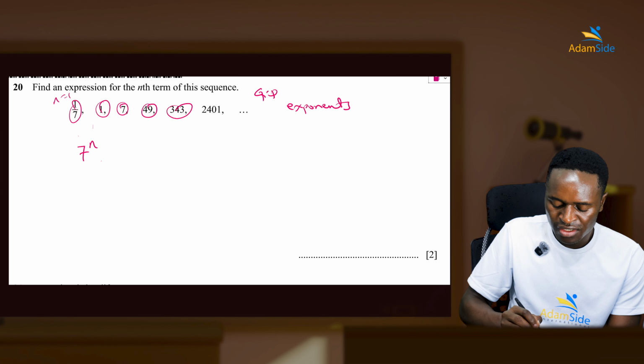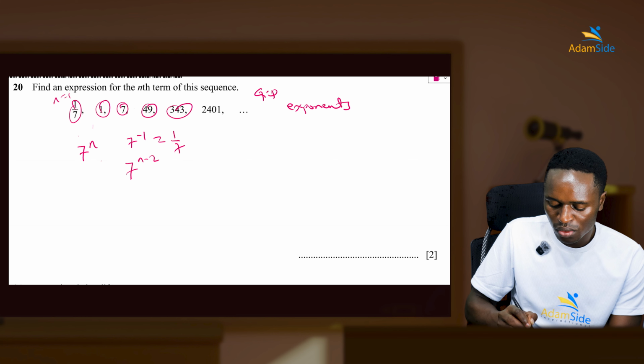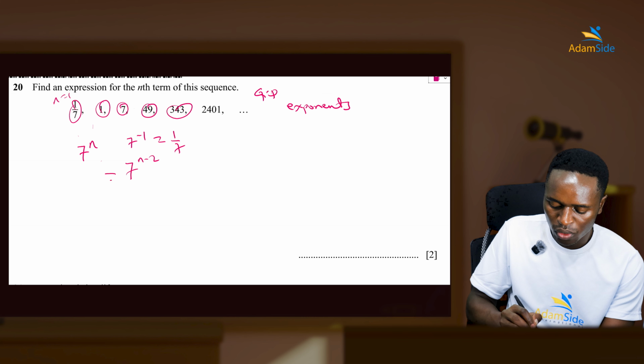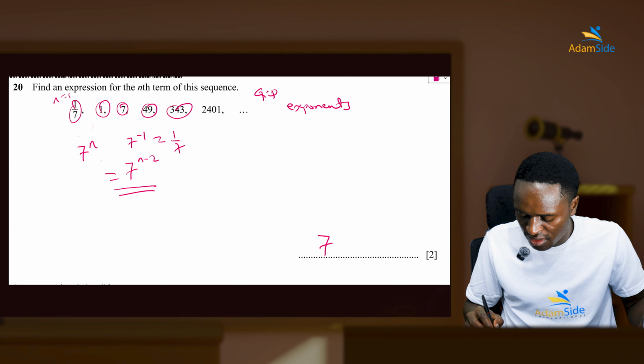That means it should be something less so that you get a negative value. It was 7 power negative 1, so that you get 1 over 7. So it has to be 7 power n minus 2, so that this gives you negative 1. This is the rule that has been used throughout the pattern. So our answer is 7^(n-2).